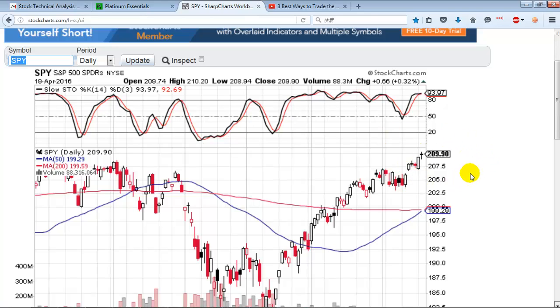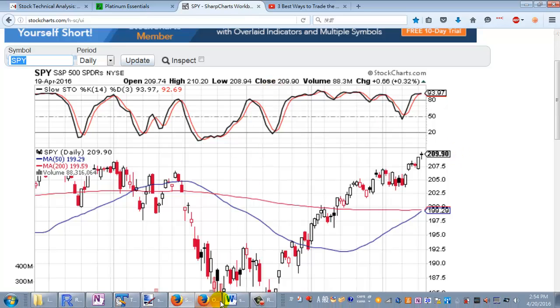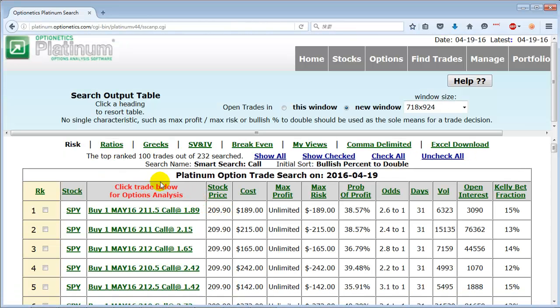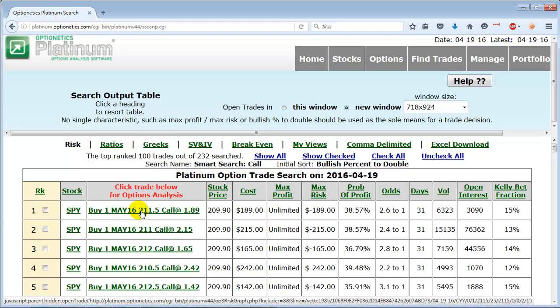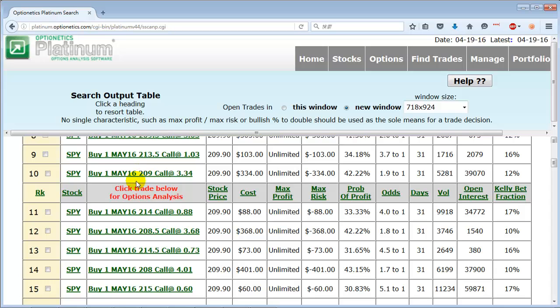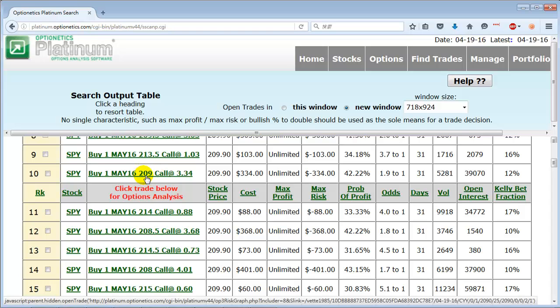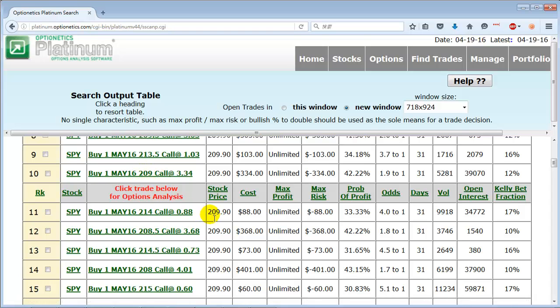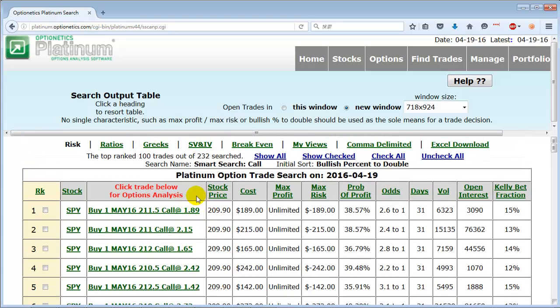And then we have what's called at the money, which is basically the same as the current trading price, so the at the money strike price would be 210. So we have those three choices. Here's an example of out of the money because it's further away. Down here we got an example of in the money, 209, because it's down below our current price. Basically anything that's 209 or below is in the money, anything that's 210 or above is out of the money.